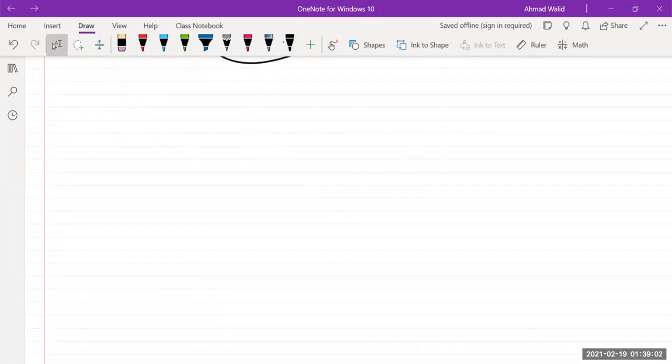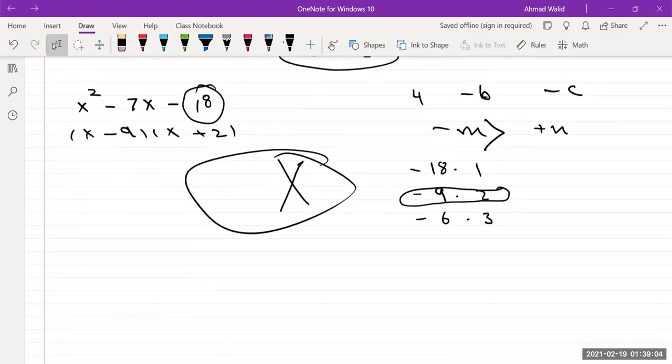There is one more type, which is similar to this, and we call it ax squared plus bx plus c. Here, the coefficient of x squared is not 1. In the type that I explained to you, always the coefficient of x squared is 1. But here, the coefficient of x squared is not 1, it's a number.